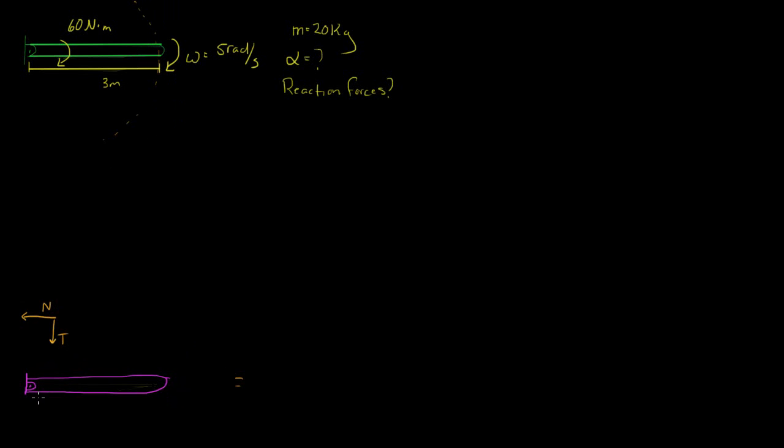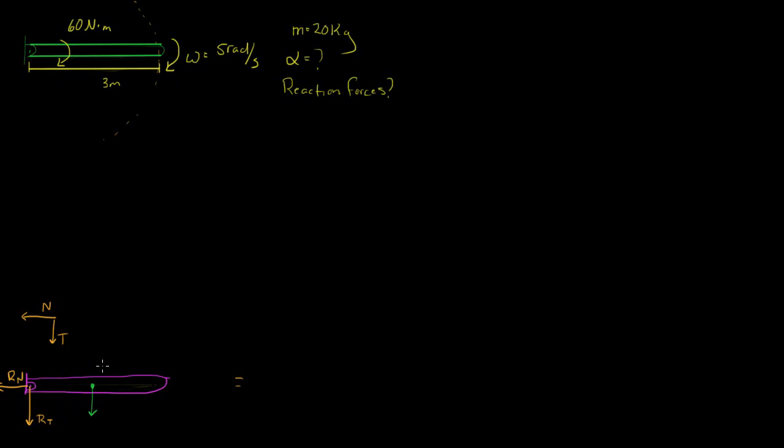So I'm going to have some reaction force in my tangential direction. Let's just call this reaction force T. And I'm going to have some reaction force in my normal direction. Let's call this reaction force N. Now I'm also going to have a weight, and this weight is going to be going through the center of mass, right in the middle of this 3 meter long rod.